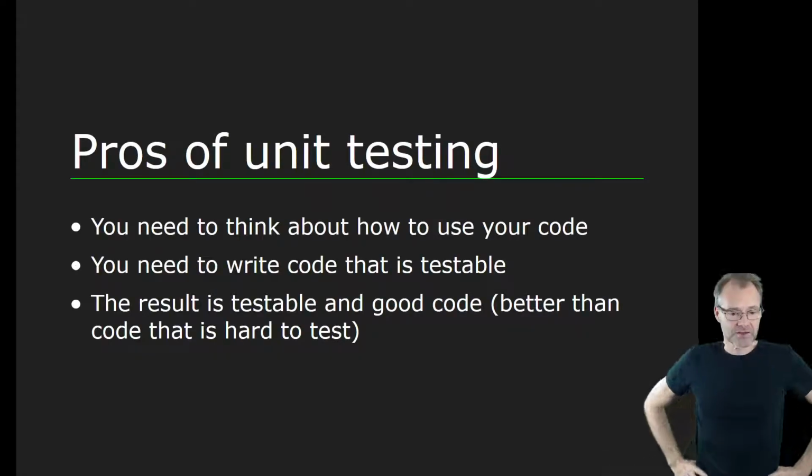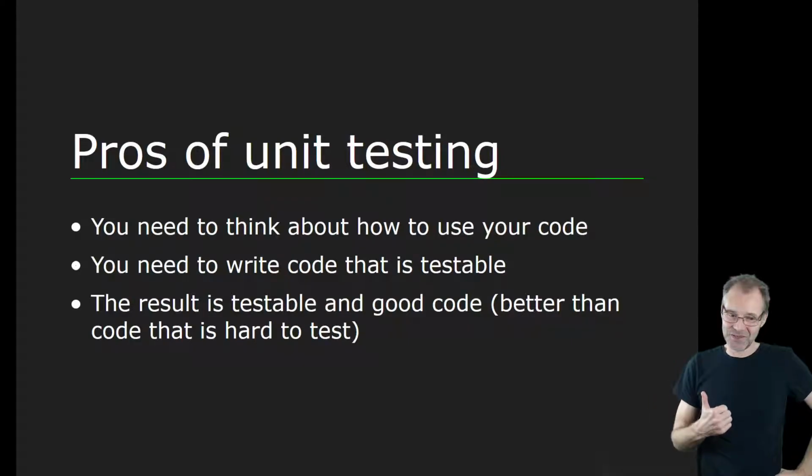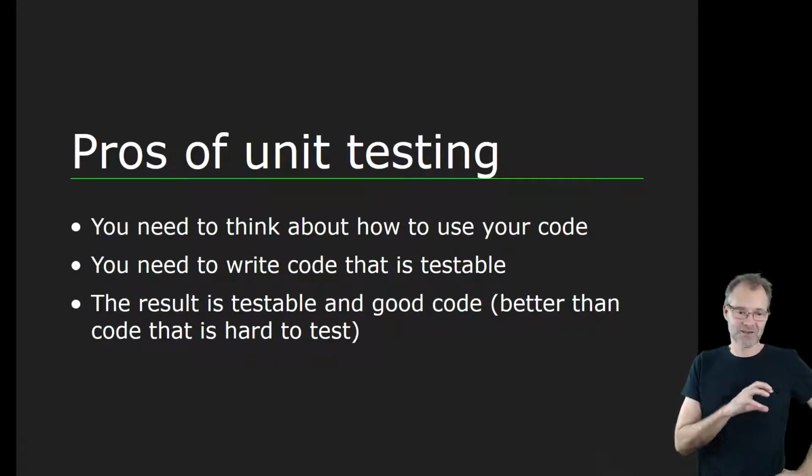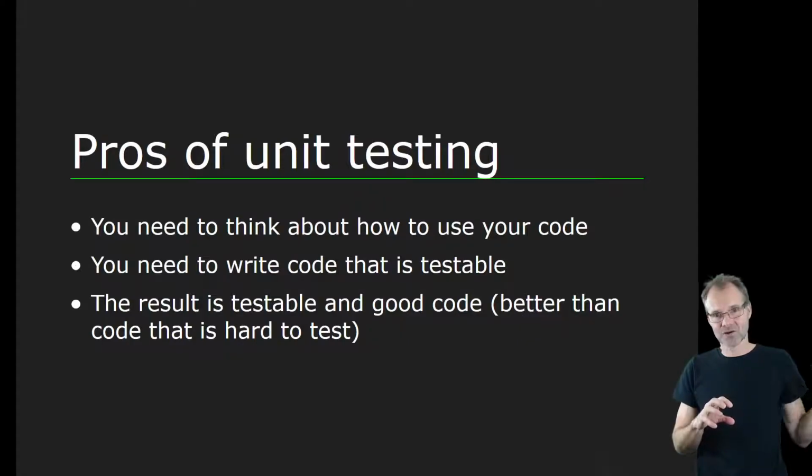Okay, so let's see some pros of unit testing. You need to think about how to use your code. It is not just writing the code to fix a feature. You need to think about the test program: how should it use my code? What is the API?